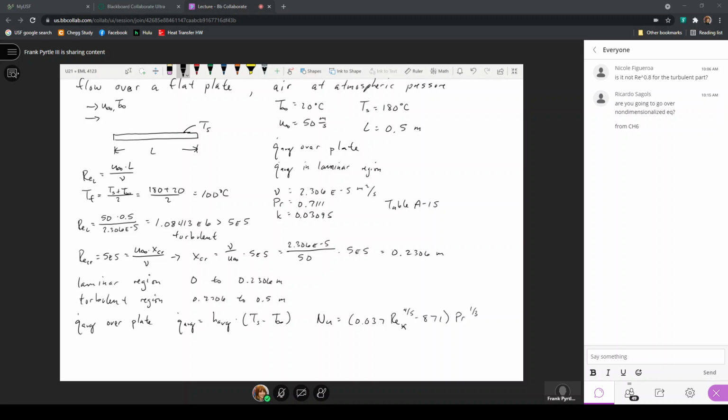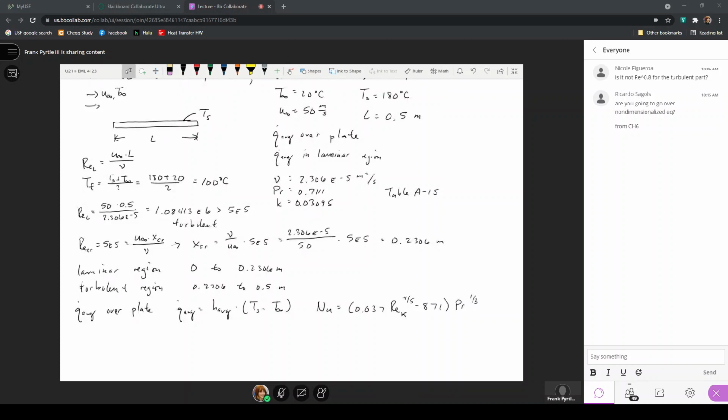So this expression, if I want to find the heat flux average over the entire plate, requires that I find the convection coefficient that is the average over the entire plate. So the entire plate length is L, or 0.5 meters, and we've already calculated the Reynolds number at that position.